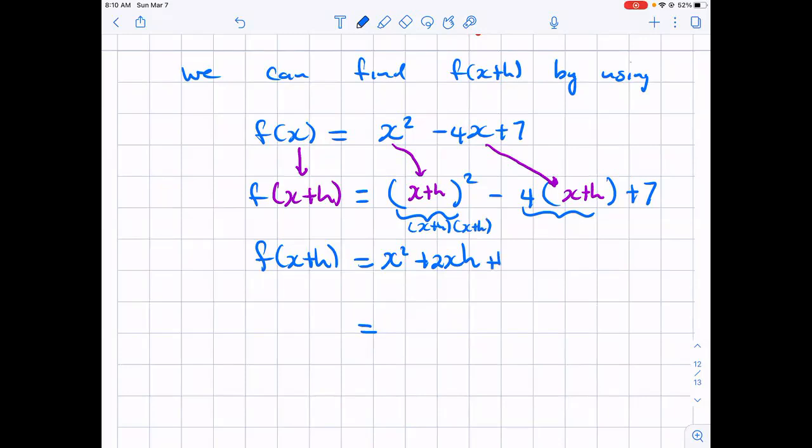So f of x plus h becomes x squared plus 2xh plus h squared minus 4x minus 4h plus 7. There are no like terms to simplify.